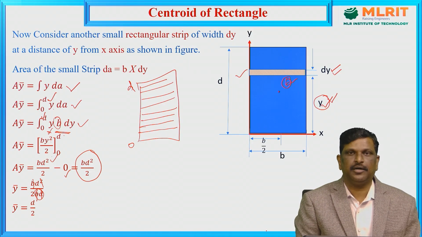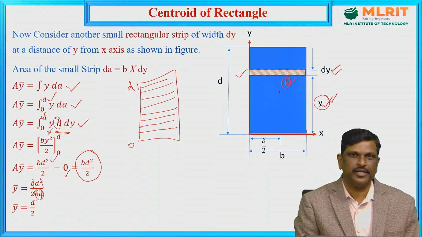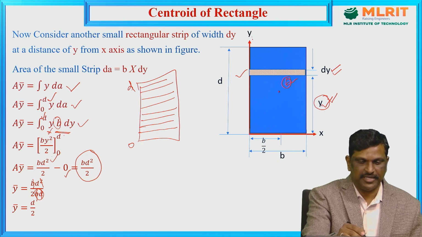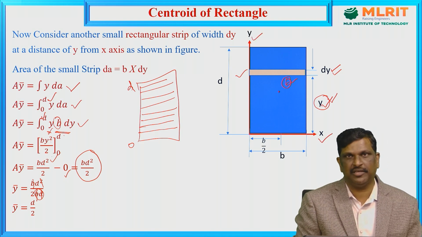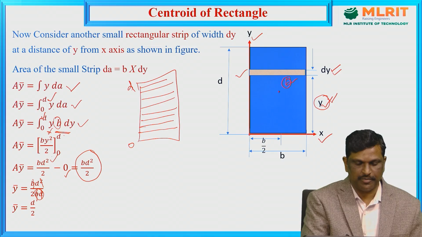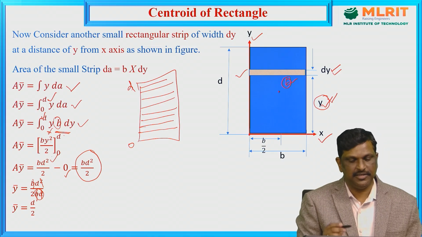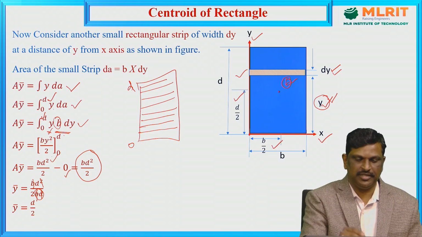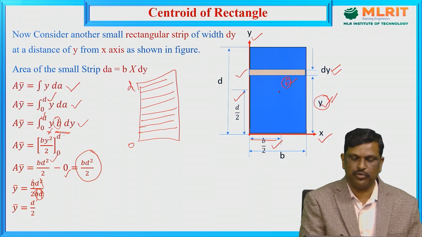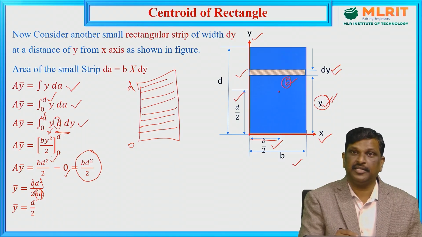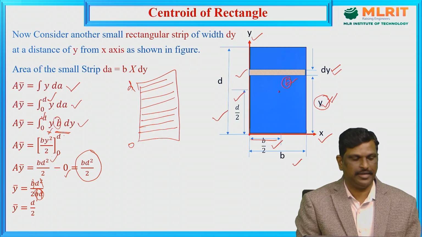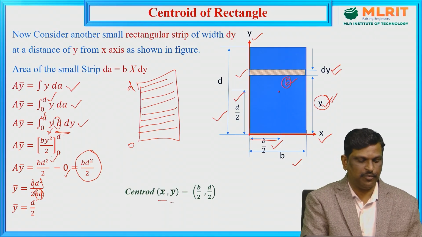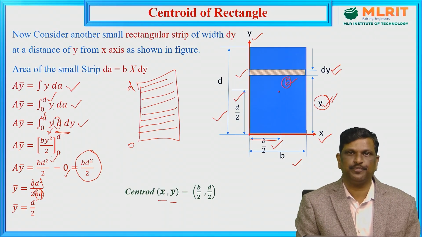Now the coordinate values of centroid of rectangle for this coordinate system only, where the lower bottom corner is taken as origin, is b by 2 and d by 2. Measured along x axis, b by 2 is half of given width and d by 2 is half of given depth. The centroid coordinates x bar, y bar for rectangle is b by 2 and d by 2.